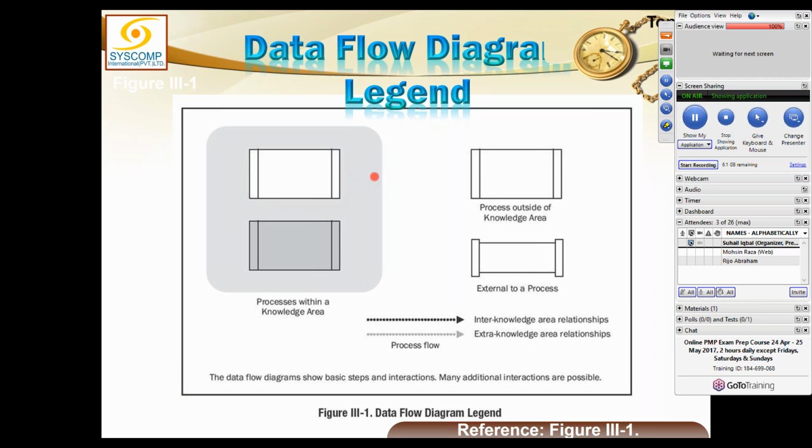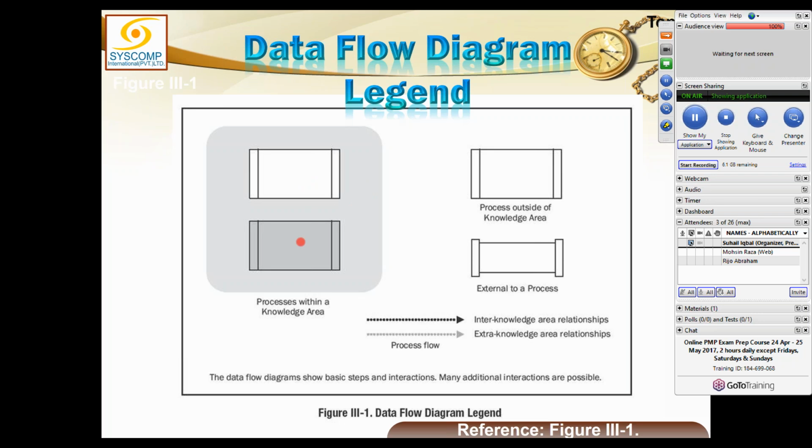Okay, right. So if you can see this, these are 2 boxes, and behind this box is a background box. So we'll use the background box to represent the knowledge area we are talking about. And within that background box, all the processes shown on top of it would belong to that knowledge area, right? The white box would be the process under discussion.